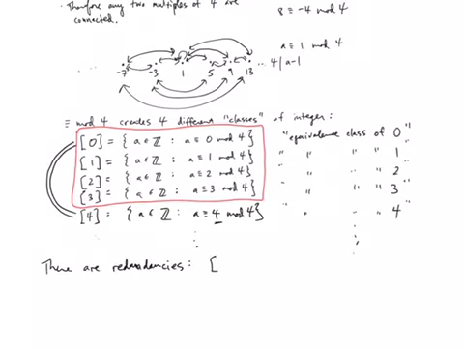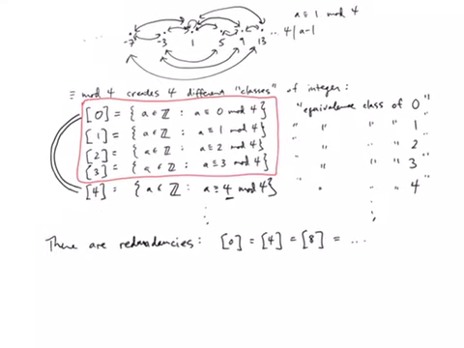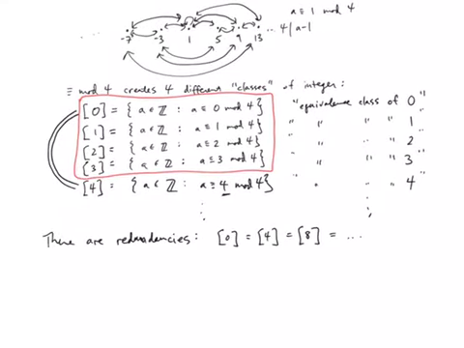So the equivalence class of 0, that's the same as the equivalence class of 4 and the equivalence class of 8, etc. We're going to prove all of this rigorously so that there's no doubt about it, but it should be intuitively clear from the pictures at the moment.